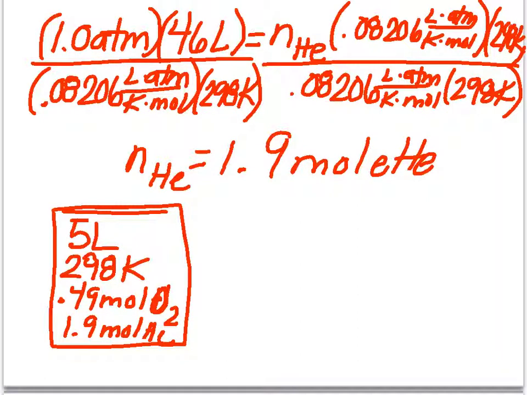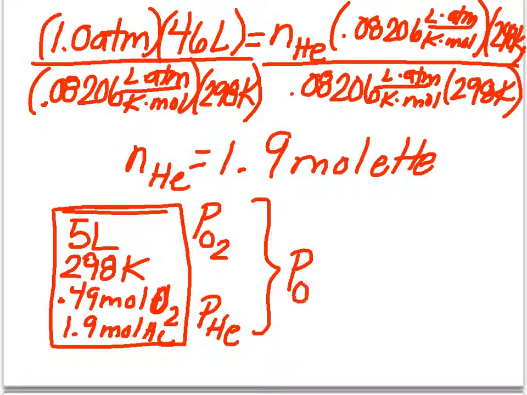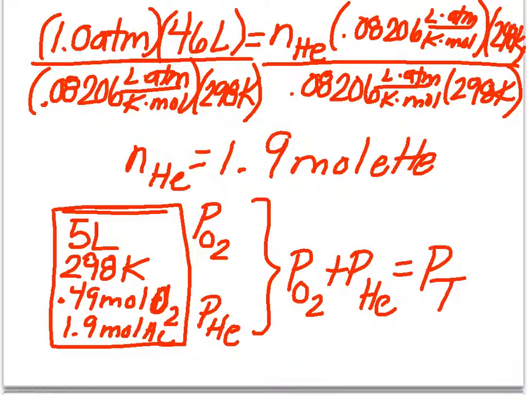So now that we know how many moles of each of these we have and the temperature and the volume, we can use that information to find the pressure of each. So next we're going to find the pressure of the oxygen, and then we're going to find the pressure of the helium. Once we find the pressure of these individually, then we can add those two together to do Dalton's law. The pressure of the oxygen plus the pressure of the helium gives us the total pressure inside of the tank.